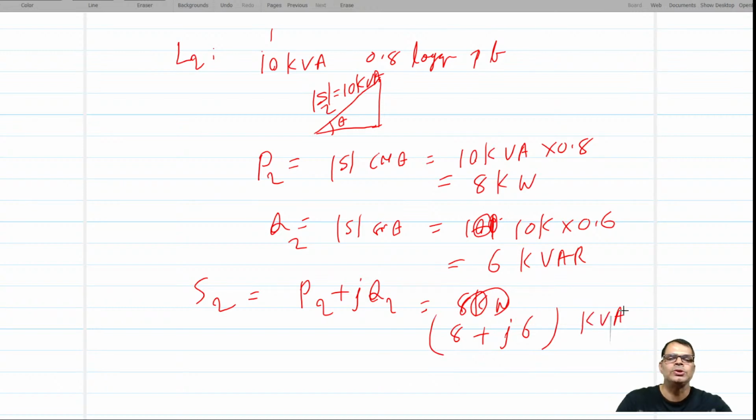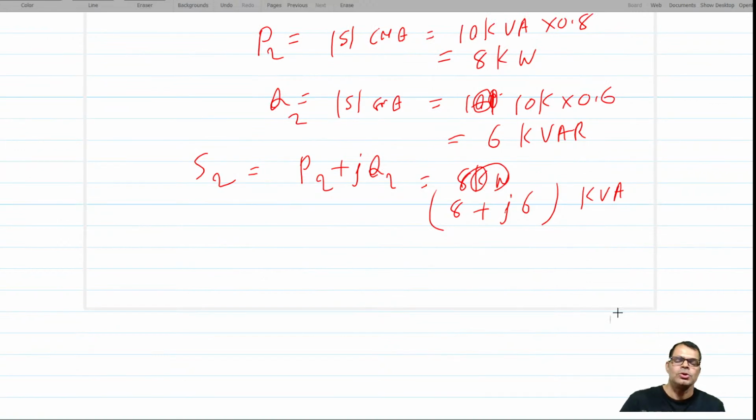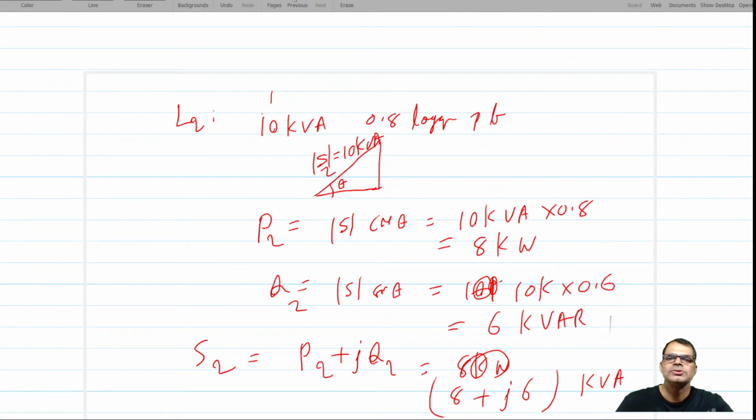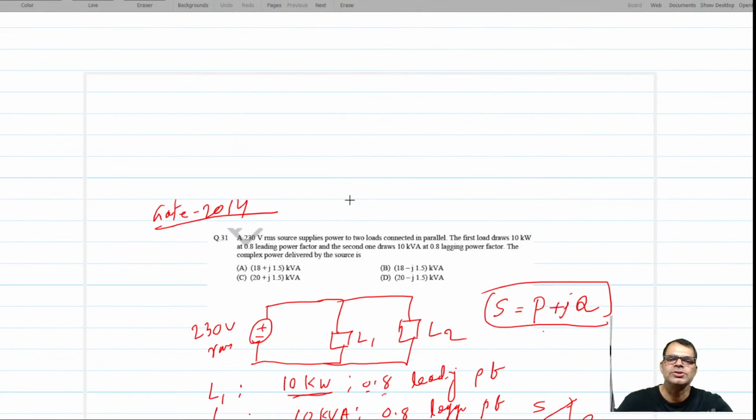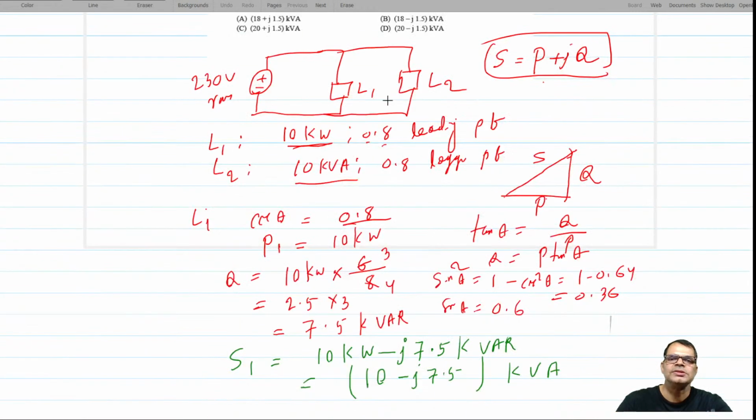And finally total power, because total power drawn by the two loads is equal to the total power delivered by the source. You see the question, the complex power delivered by the source is.